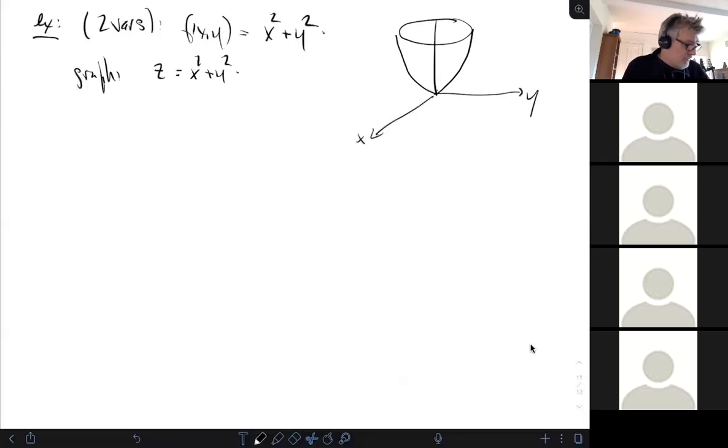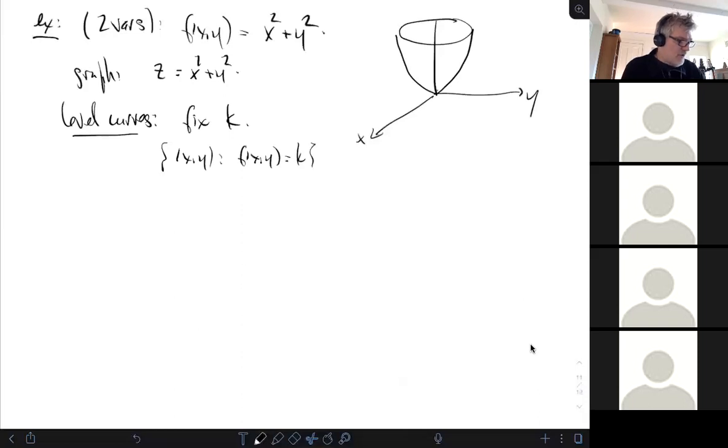Okay, so let's look at the level curves of this. A reminder, what are the level curves? Fix some value k, and you look at the set of all points in the domain such that f of x y is equal to k. So in our case, it'll be the set of all x y such that x squared plus y squared equals k, right?